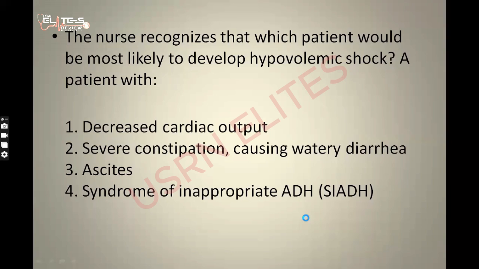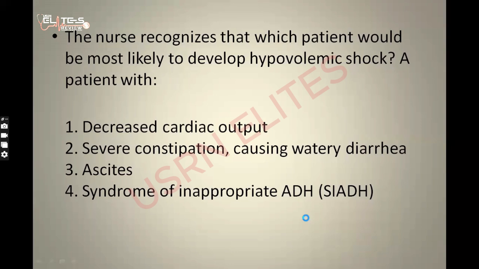I'm going for the option 1. So when there is a decreased cardiac output, it leads to organs not getting sufficient blood supply to function. And then with the option 2, with severe constipation, most of the time after the constipation, the next thing that comes about is diarrhea, which is a normal finding in the constipated person.